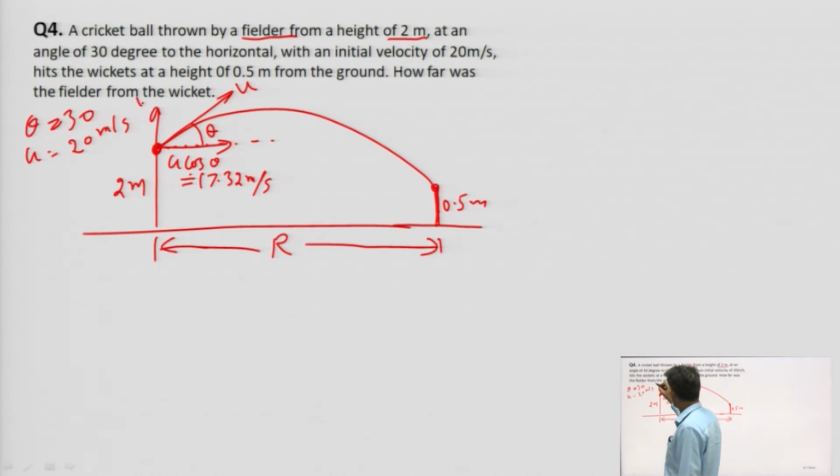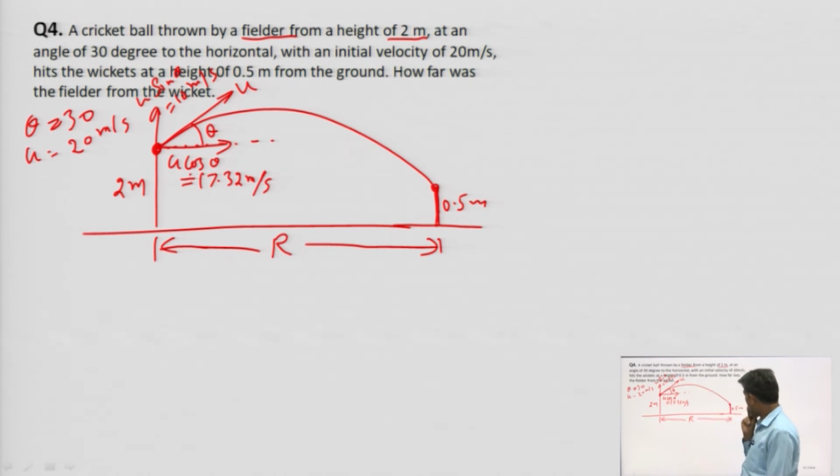So, u sin theta is equal to 10 meter per second. These are the components of velocity. So, we need to find the value of r.